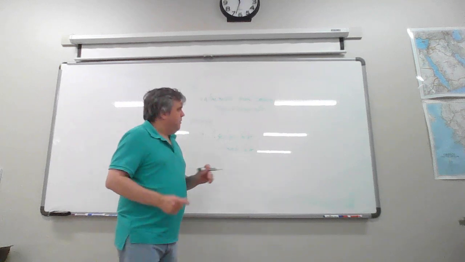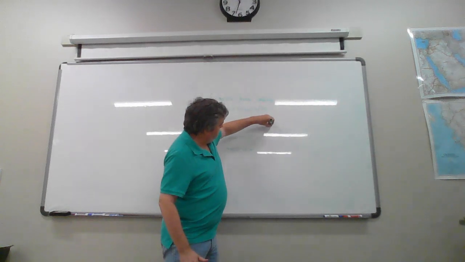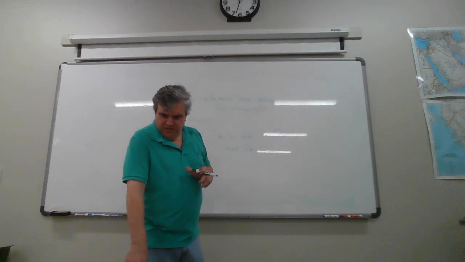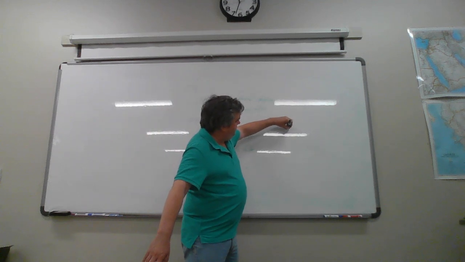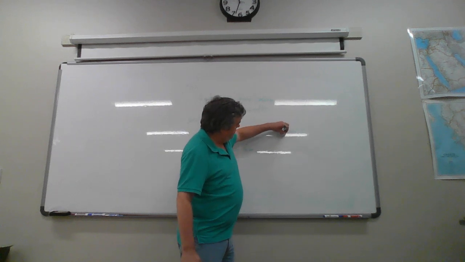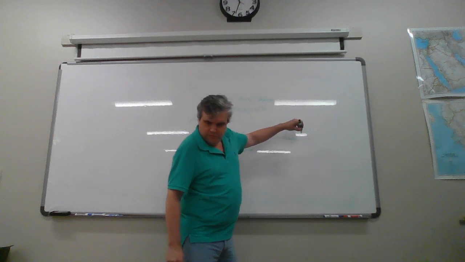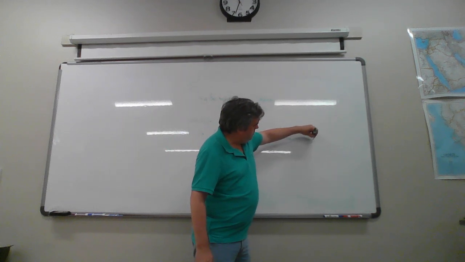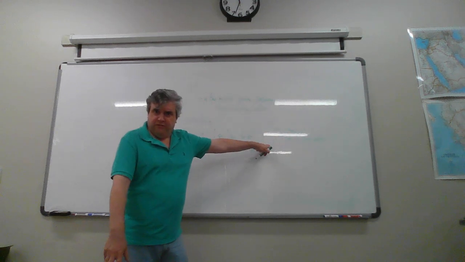Another part of soil, though, is humus, H-U-M-U-S. That is the amount of decomposed organic matter in the soil. This affects the soil's fertility.